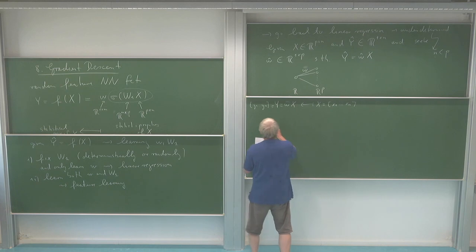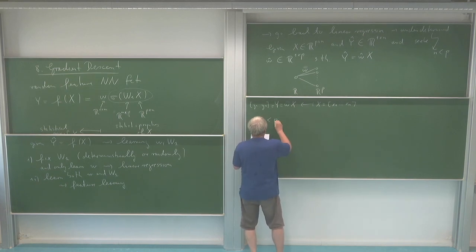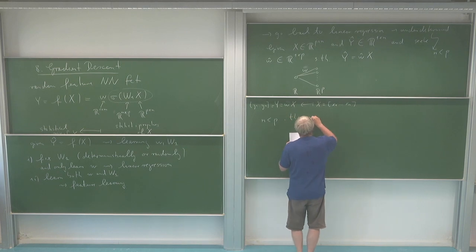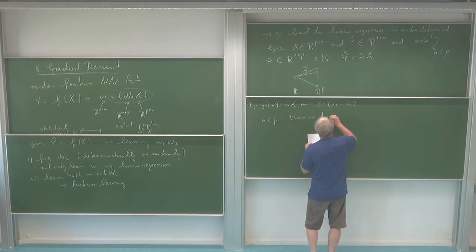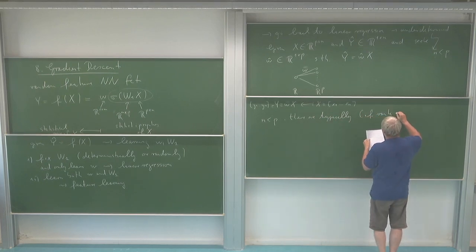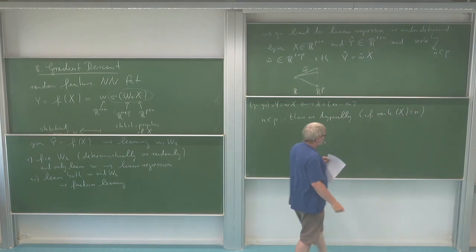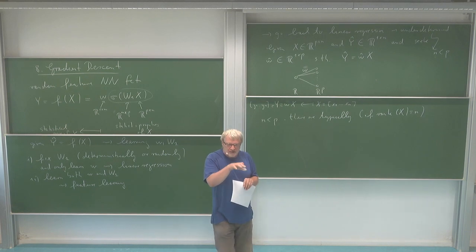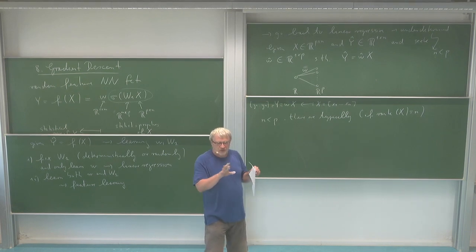Okay, so in the underdetermined case, so n less than p, there are typically, and this typically means that the rank of my matrix X has to be equal to n. So all the equations which I have should be linearly independent so that they cannot contradict each other.